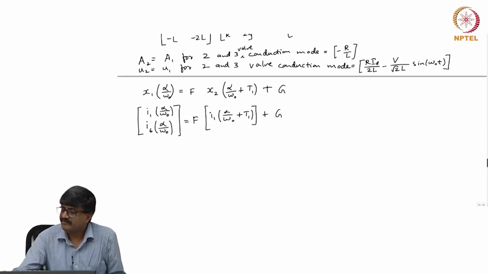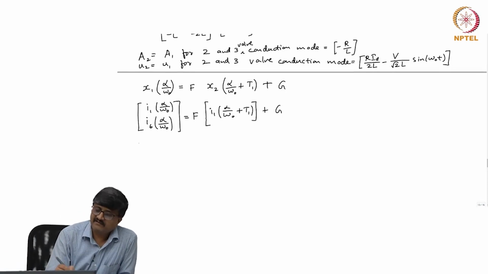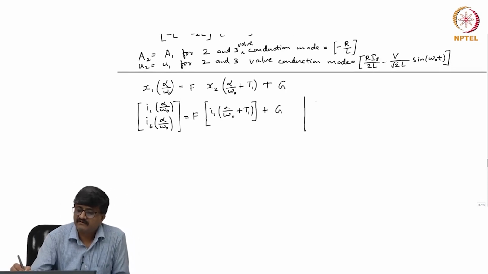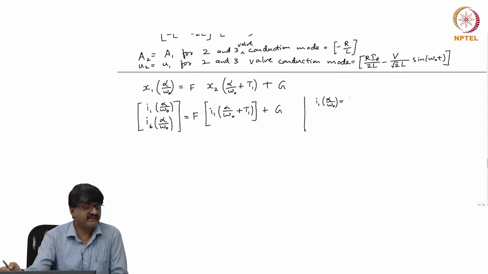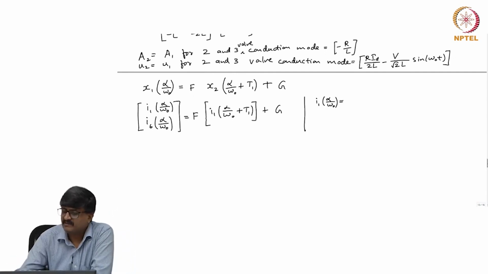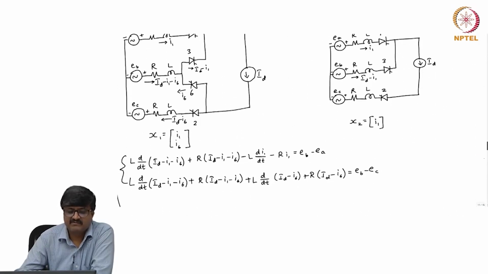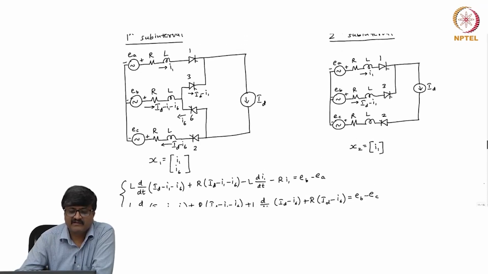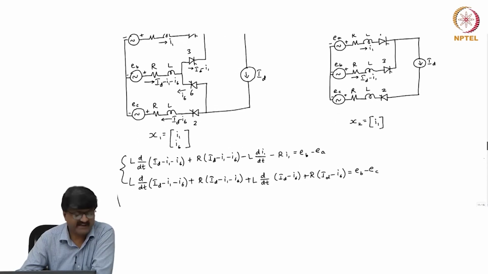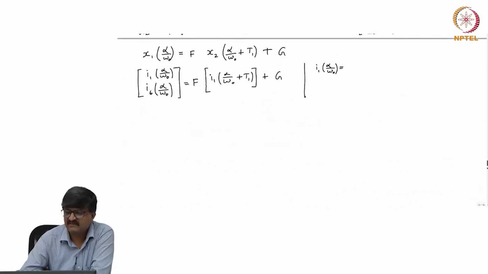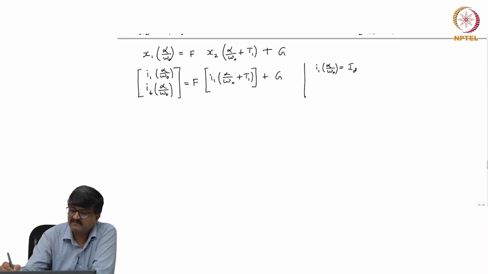Now, there are a few things that we know. What is I1 at alpha by omega o? Say at alpha by omega o 3 starts conducting. So, at alpha by omega o I1 is nothing but Id.